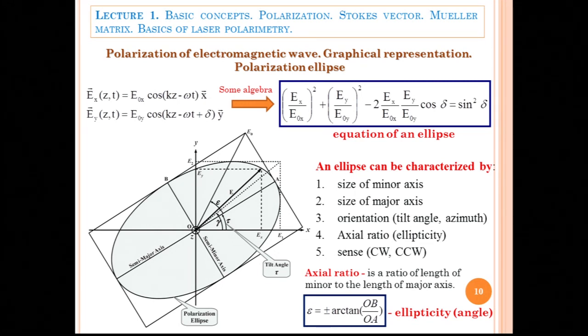Let's start with the parameters by which this ellipse can be characterized. The first one is the size of the minor axis, the semi-minor axis. Then the size of the major axis, and the semi-major axis is also often used.